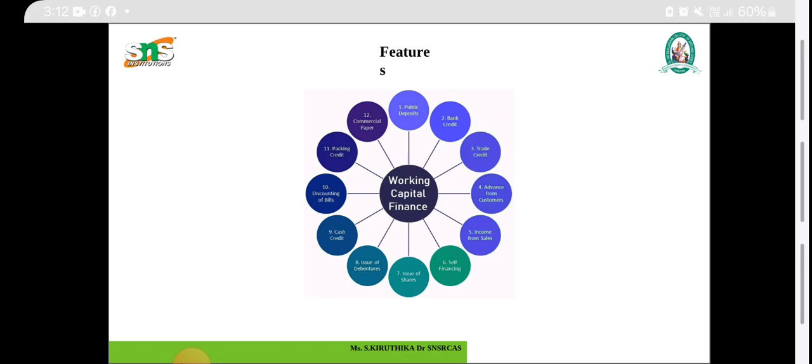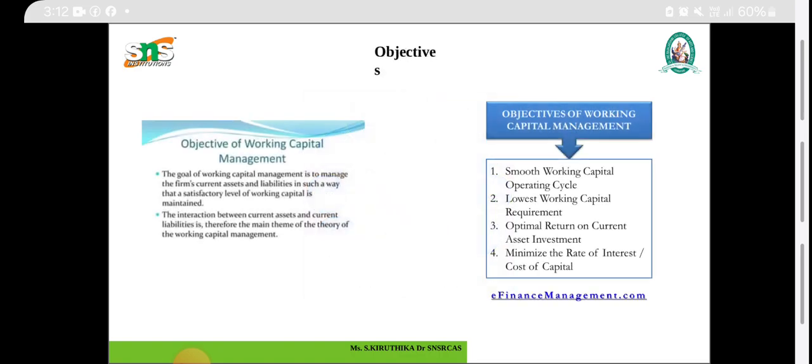Now we will see objectives of working capital. We have two images. These two images represent the long-term and short-term objectives of working capital. In the first image, the goal of working capital management is to maintain current assets and liabilities in such a way that a satisfactory level of working capital is maintained.